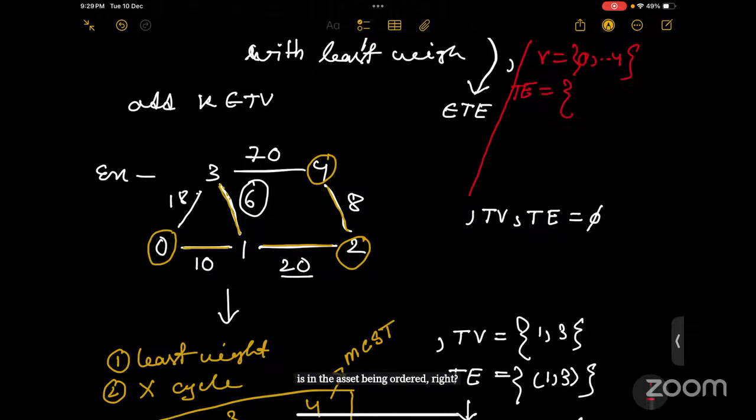Okay. So any one of you can unmute yourself and just tell me the edges in ascending order. 1, 3, then 2, 4, then 0, 1, and then 1, 2.